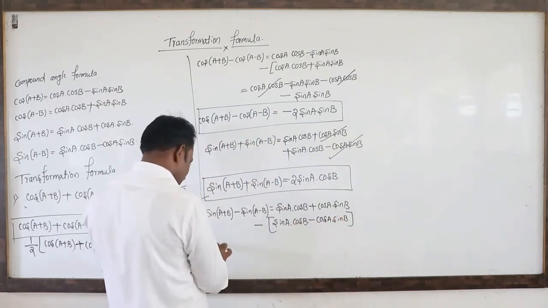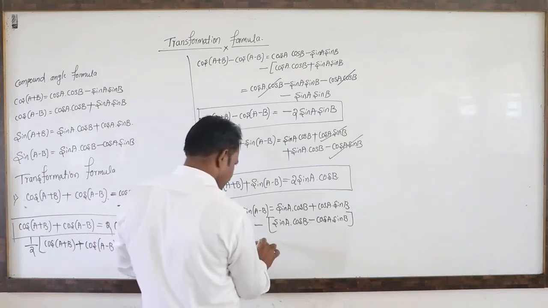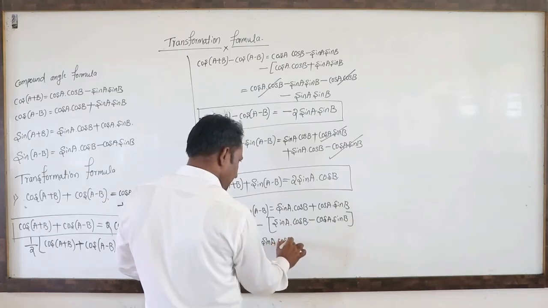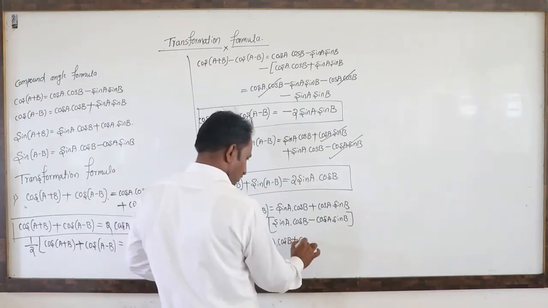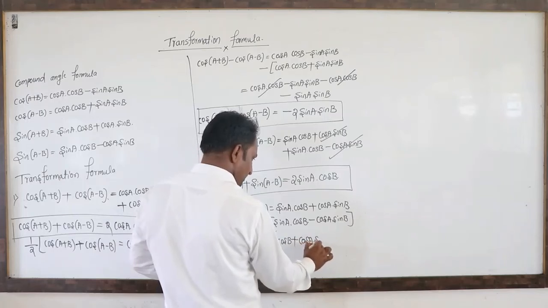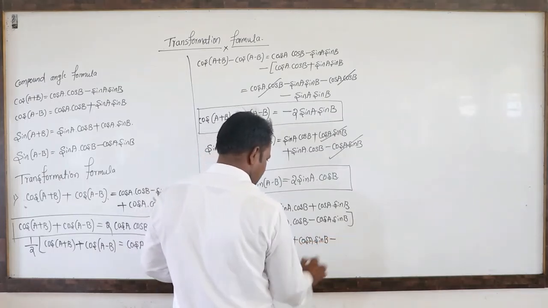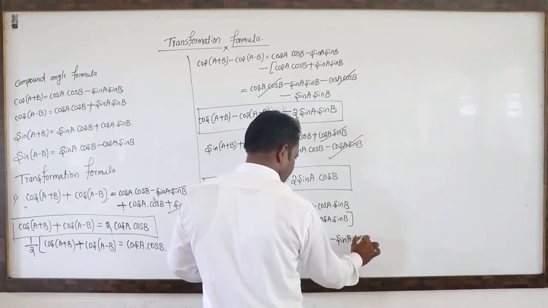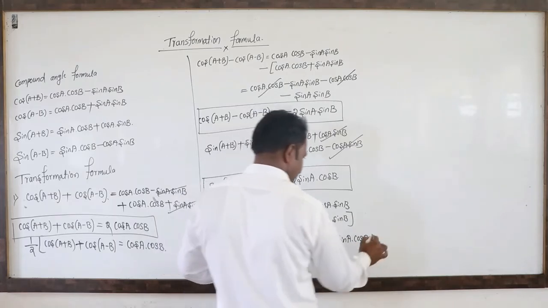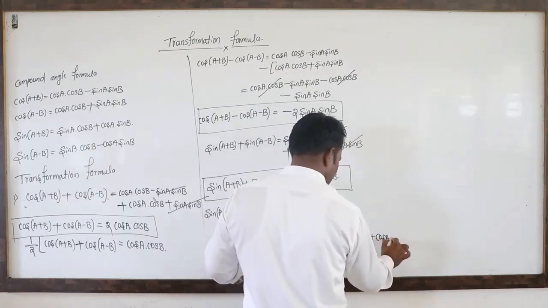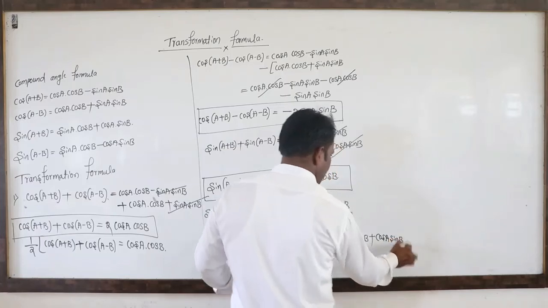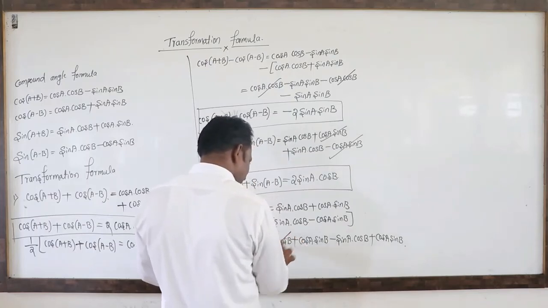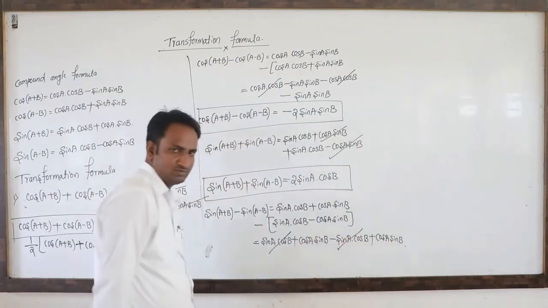Multiplying the minus on this side, here we get sine a cos b plus cos a sine b minus sine a cos b minus of minus plus cos a sine b value. Similarly, here sine a cos b minus sine a cos b get cancelled.